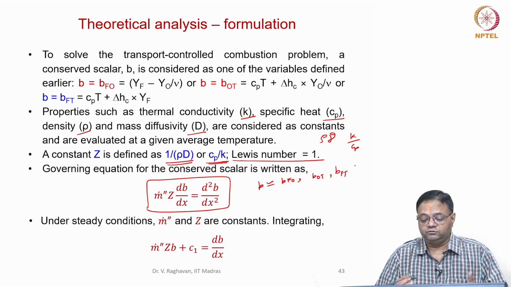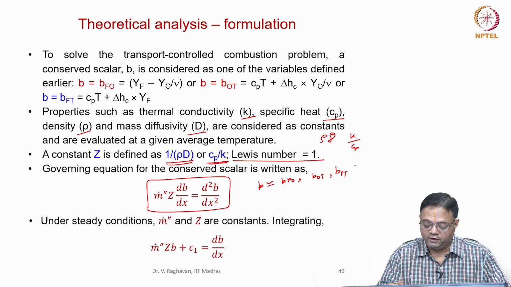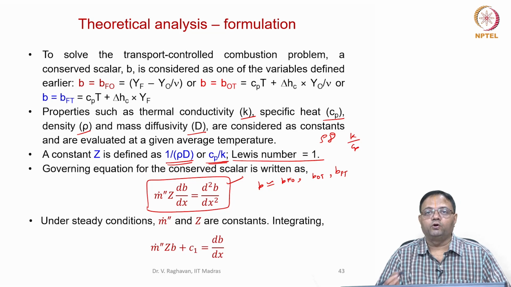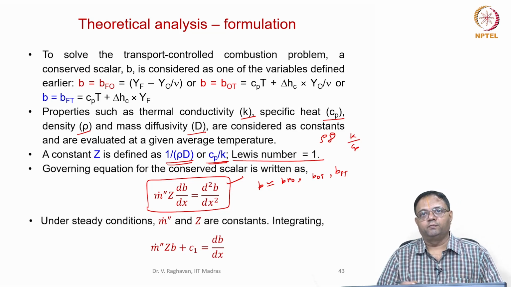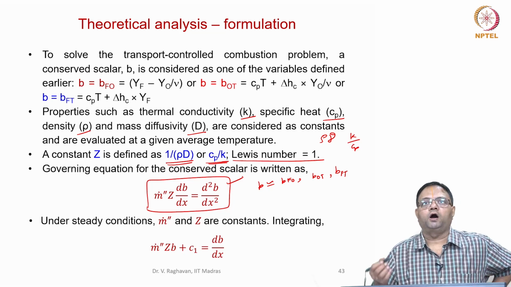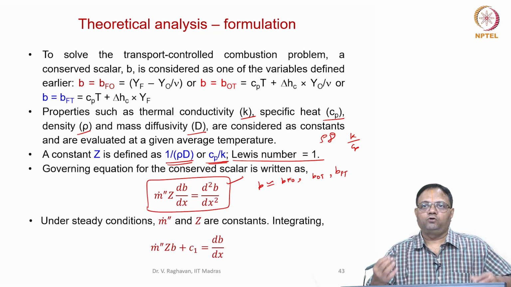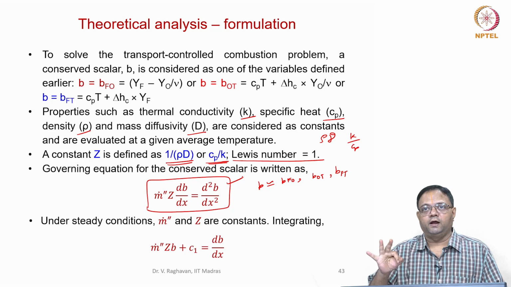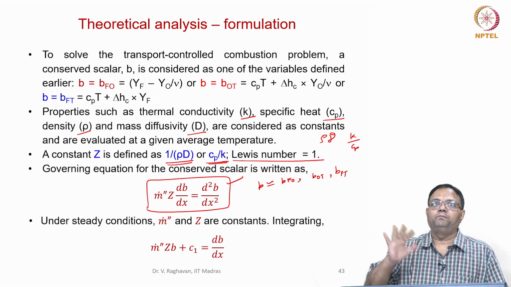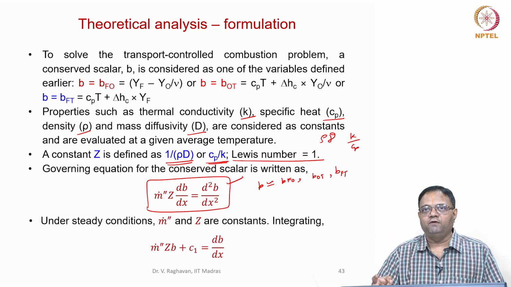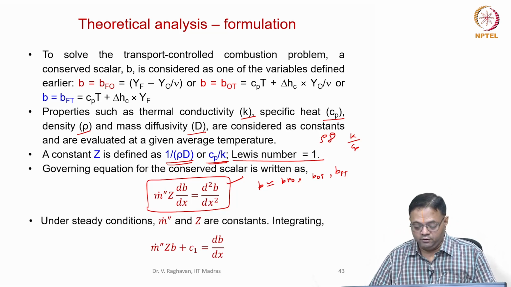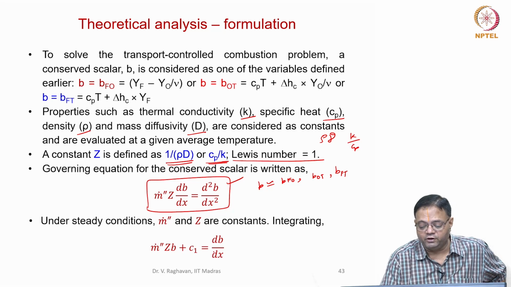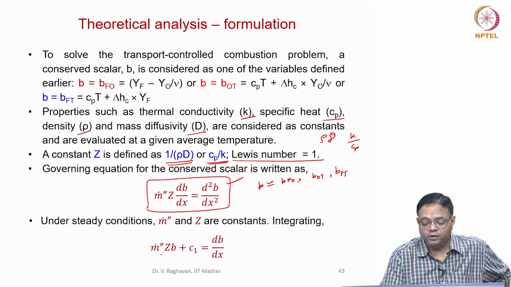Actually, we will solve 3 variables and get 3 solutions for this. You can put B as B_FO or B_OT or B_FT and solve these 3. So, I will first solve for B_FO, B_OT and B_FT, then get back Y_O, Y_F and T. That is the thing. So, this equation does not have a source term. So, I put this equation here. So, this can be solved.